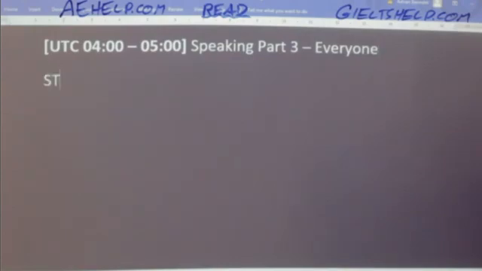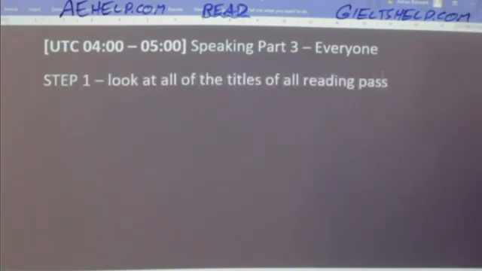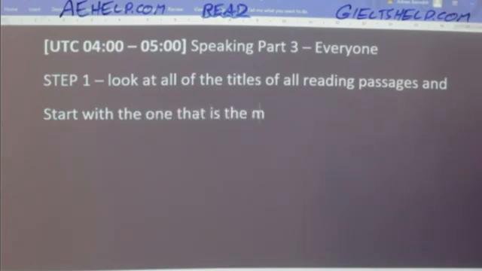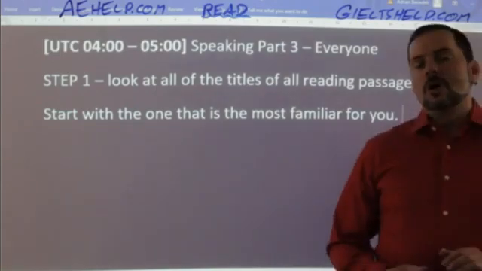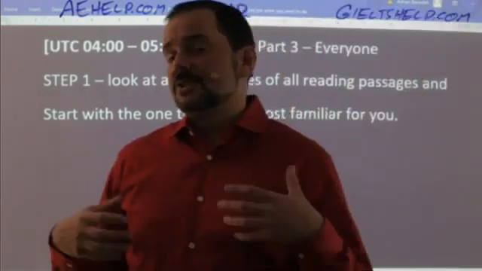Step number one is look at all of the titles of all reading passages and start with the one that is the most familiar for you, okay? So different people have different majors, different specialties.